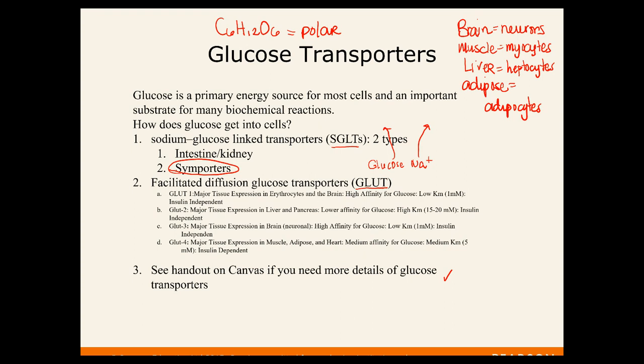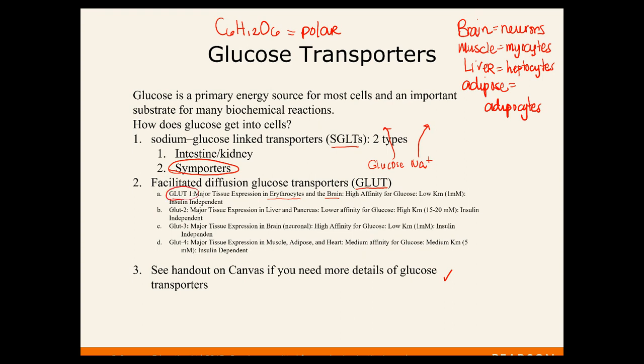So if you need more depth, there's a reference there for you. Essentially, what I want you to think about is glucose needs these transporters because it's polar, it can't get through the lipid bilayer. And different tissues have different types of glucose transporters. In erythrocytes, which are red blood cells, and the brain, those have mostly GLUT1 transporters.